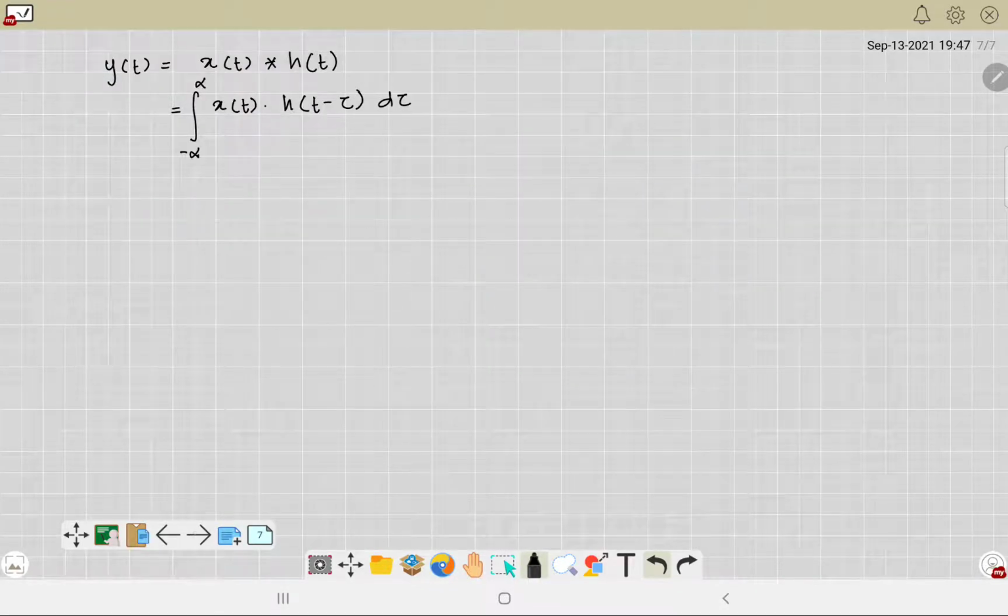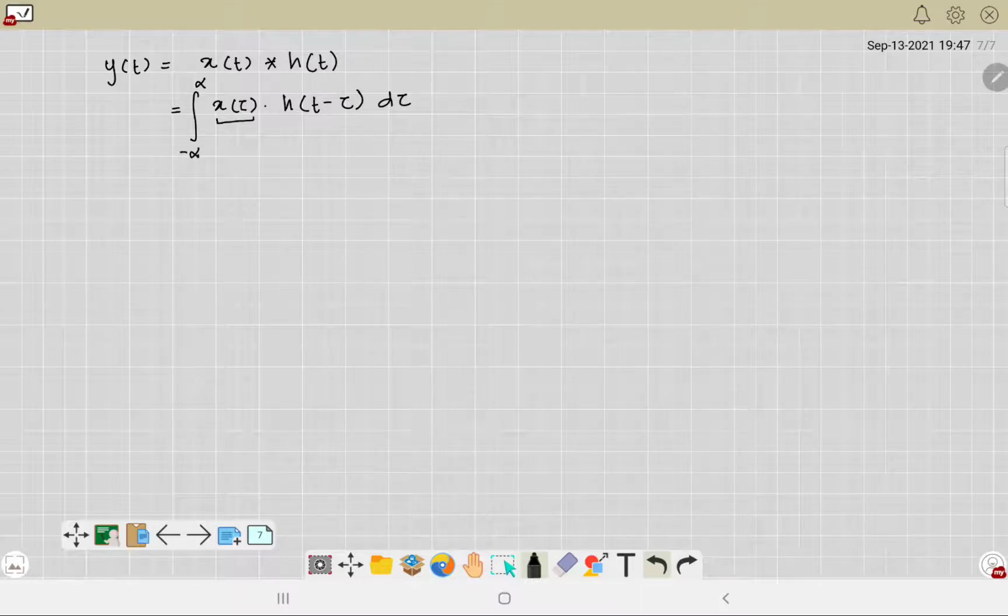Sorry, it will be this, just a second. h of t minus tau d tau. Fine. So when you have to calculate this integral, it involves certain quantities. First quantity is x of tau. It is basically your input signal, so no great deal here.